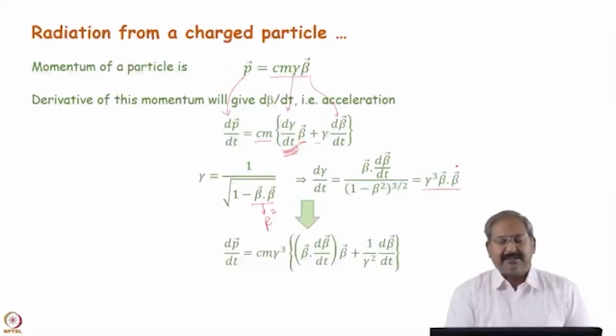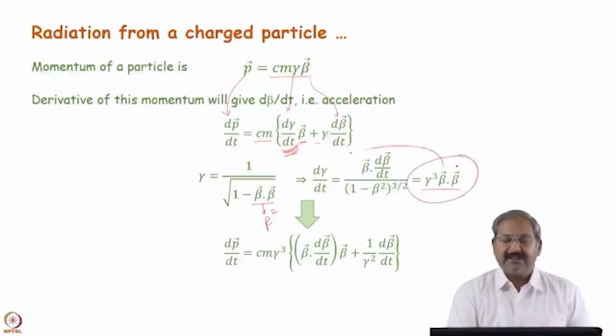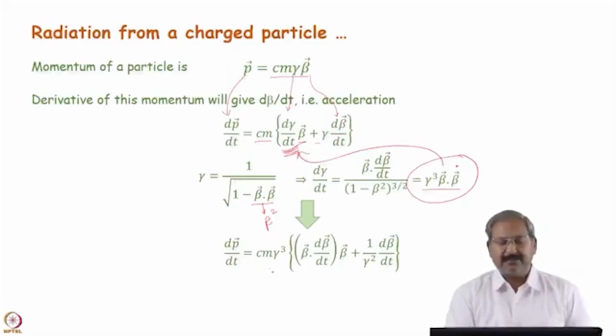So we can now write dp by dt using this relation. Here we can write dp by dt is c m gamma cube. This gamma cube can be taken out of the bracket, then inside the bracket there will be beta dot d beta by dt, and this beta is already there, plus because we have taken gamma cube outside, in place of gamma this will be 1 by gamma square and d beta by dt.